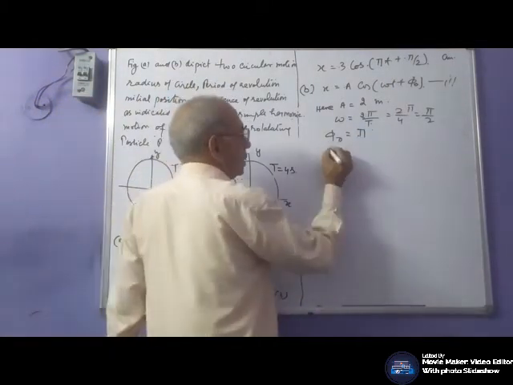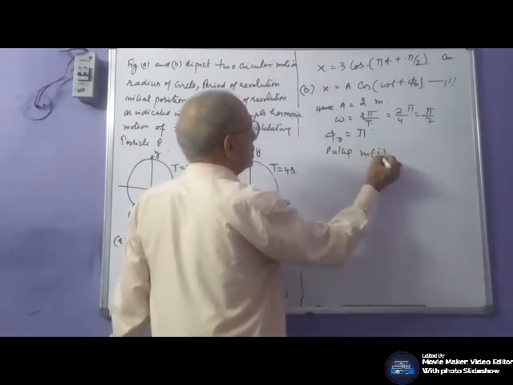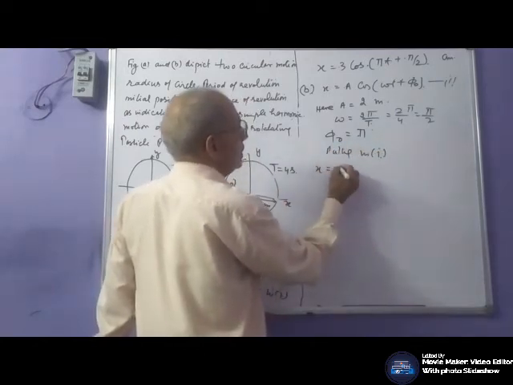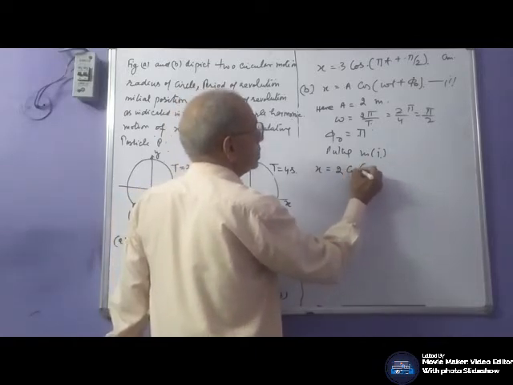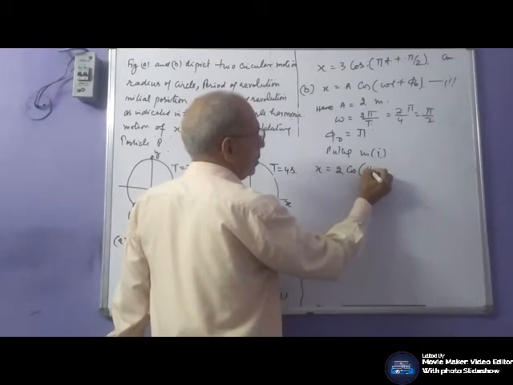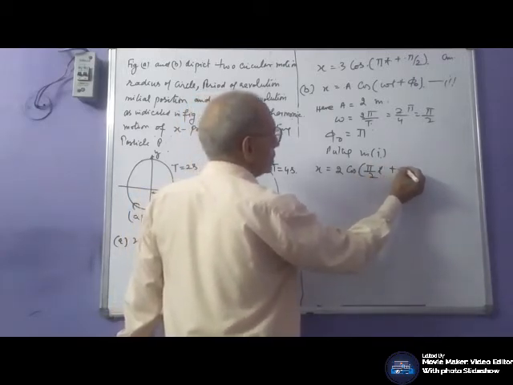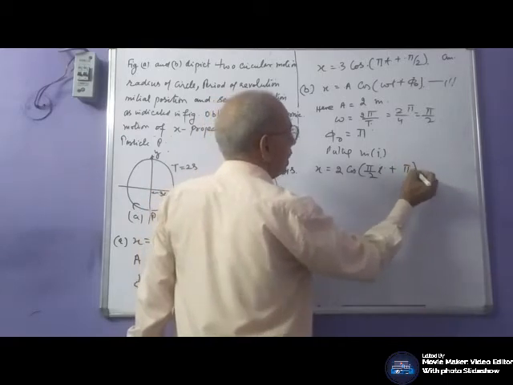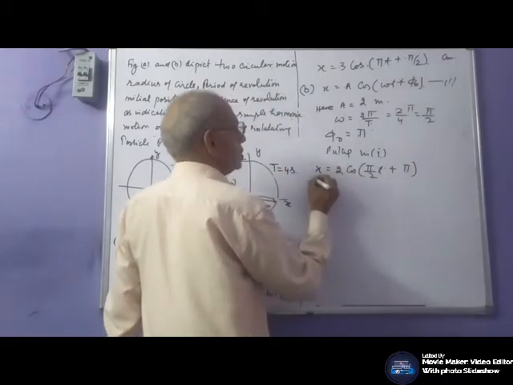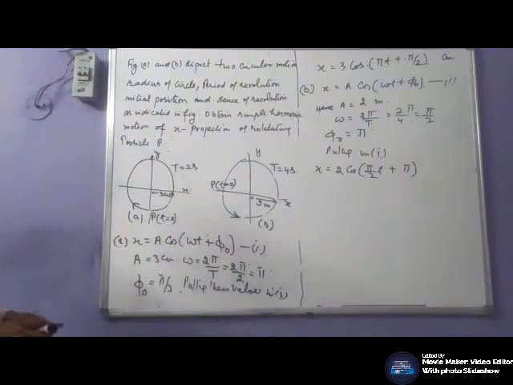By putting in first: x equals 2 cos, omega is pi by 2, t plus pi. So this is the corresponding equation of S.H.M.